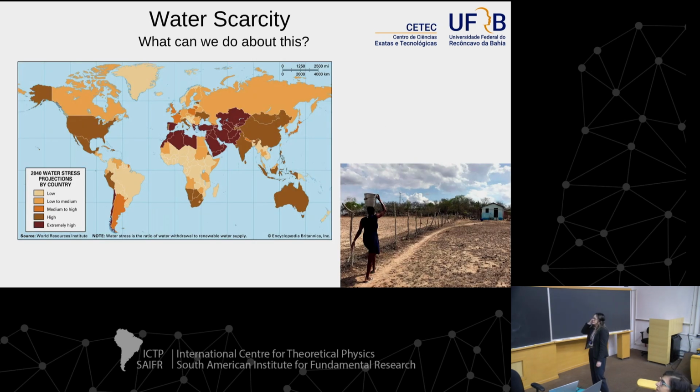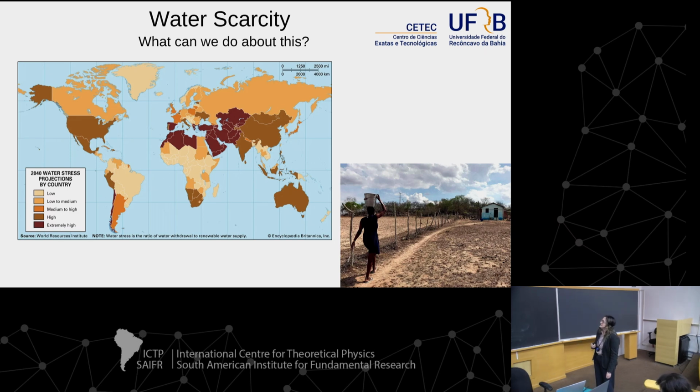So, water scarcity is present in the world. This is a map with the 2040 water stress projections by country. So we have places with extremely high projections for water scarcity, and Brazil appears with a low projection of water stress.